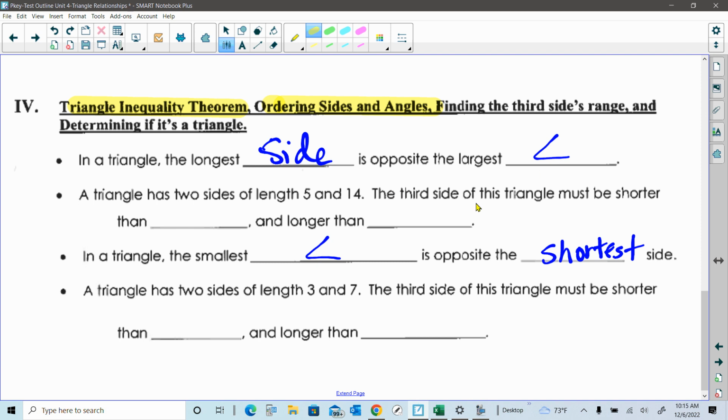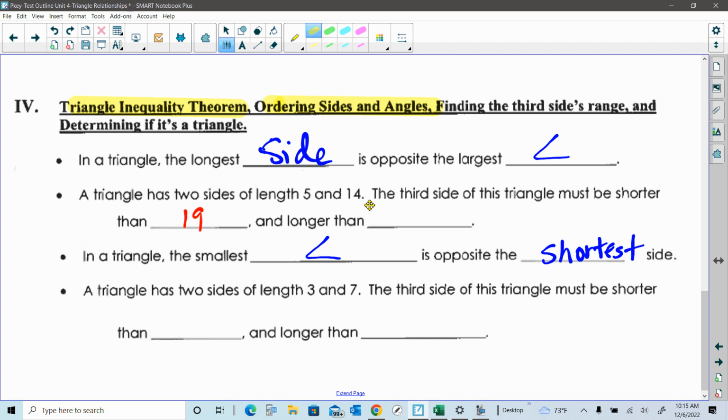To find the third side, you have to find the shorter and the longer of the 2 numbers. So it has to be shorter than the max. The max here would be adding the 2, so you would get 19. And then longer than the minimum.